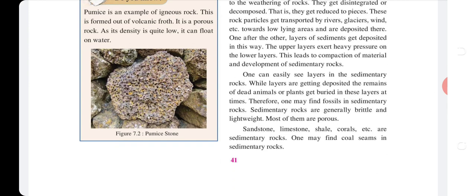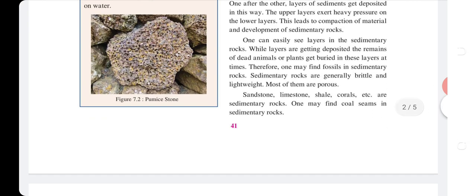One after another, layers of sediment get deposited, and the upper layers exert heavy pressure on the lower layers. This leads to compaction of material and develops the sedimentary rocks. One can easily see layers in sedimentary rocks.